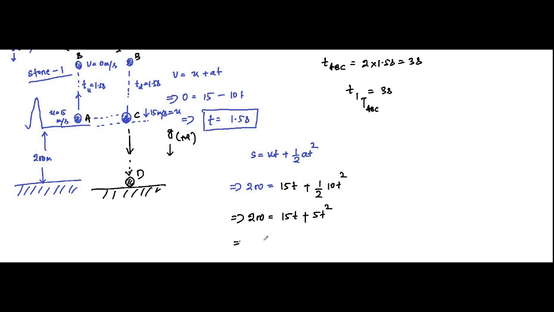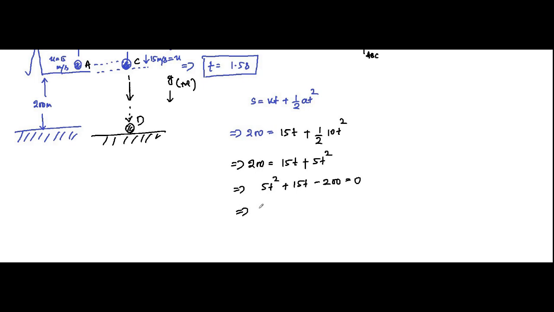So we'll be converting it into a quadratic equation: 5t² + 15t − 200 = 0. If we take 5 common, it will be t² + 3t − 40 = 0. That implies t = (−b ± √(b² − 4ac)) / 2a. 4 into 40 is 160, and 2a is 2 into 1, which is 2.